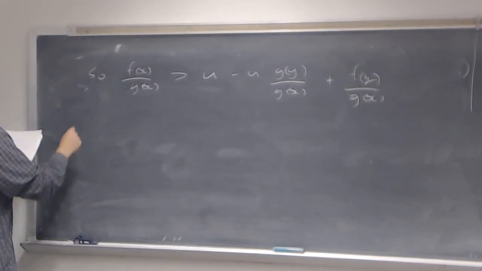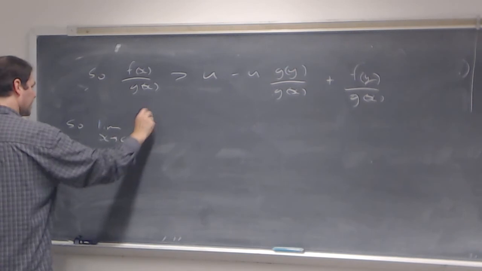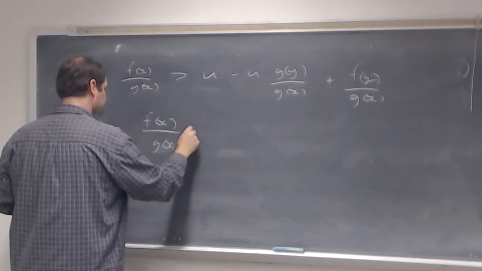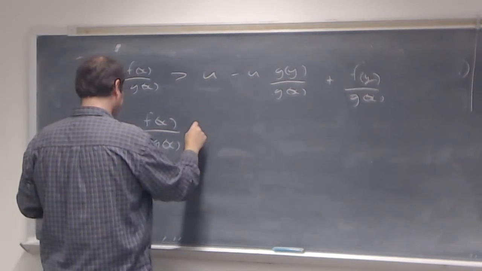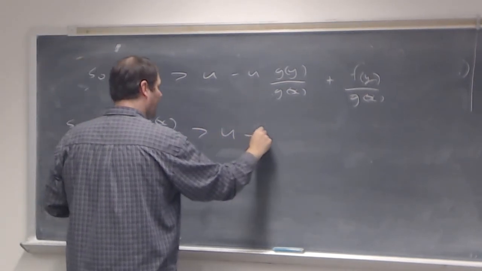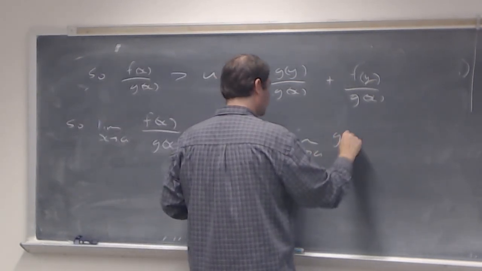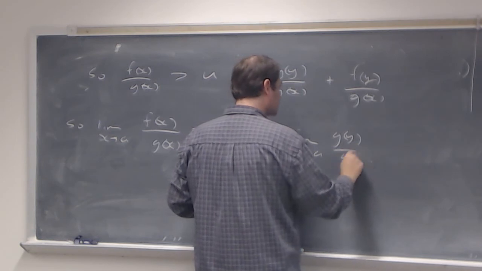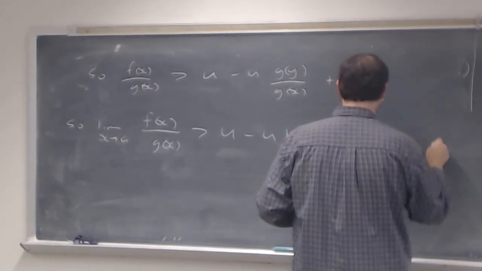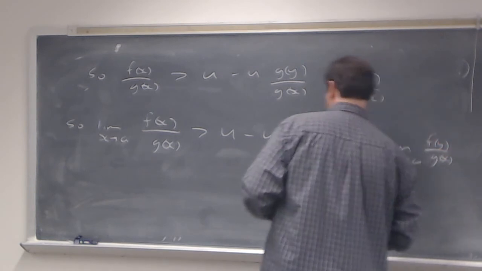Algebraic manipulations. And so the limit as x goes to a of f(x) / g(x) is going to be greater than, we take the limit of this part, which is u minus u times the limit as x goes to a of g(y) / g(x), plus the limit as x goes to a of f(y) / g(x).